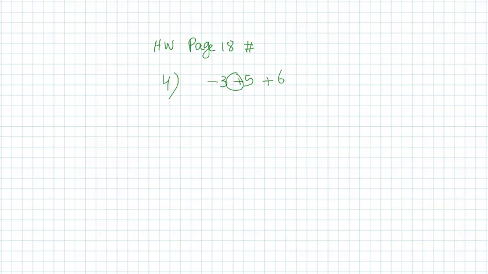Question number 5 says divide the sum of 7 and -16 by -3. So what would that be?